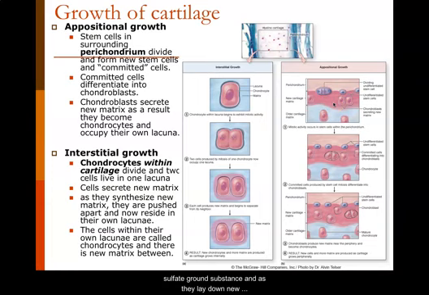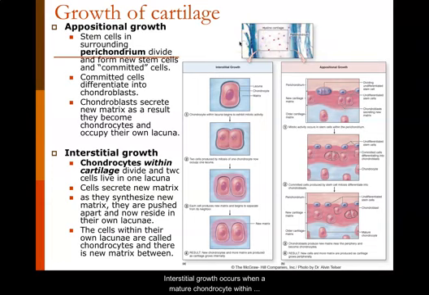And as they lay down new extracellular matrix around them, eventually the chondroblasts are going to find themselves surrounded by cartilage matrix, surrounded by chondroitin sulfate, surrounded by collagen. And when that occurs, the cartilage has just grown. It pushes that perichondrium out even further, and the cartilage is growing and basically thickening from its outer surface, growing in both directions is how this would happen on this slide here.